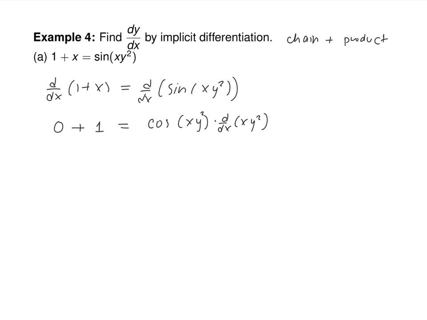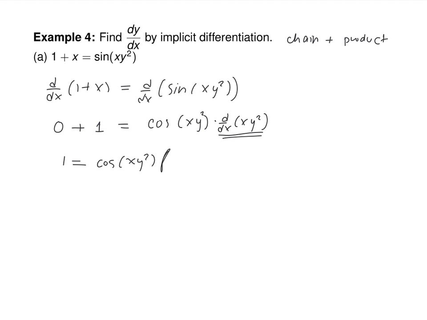And you've got to pretend for just a second that all you have to worry about now, which is actually true, is xy squared's derivative. And that's going to involve the product rule. So 1 equals cosine of xy squared. Is this product rule going to expand into more than one term? So what do we need then? Parentheses. Patience and parentheses. Patience, product, and parentheses, all sorts of p's.